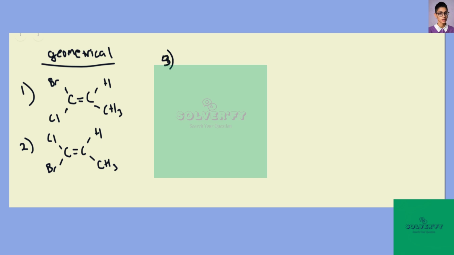Oh, 3 comes after 2. I can also put my chlorine here and a hydrogen here. And then I can rotate the chlorine and the hydrogen about that double bond.